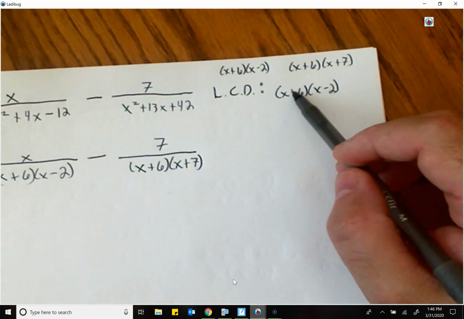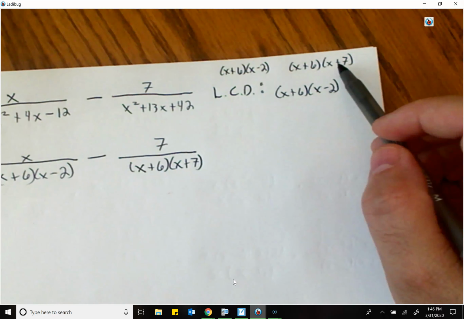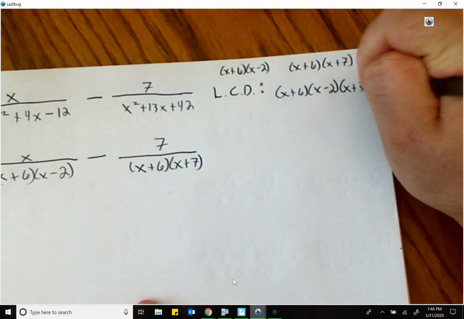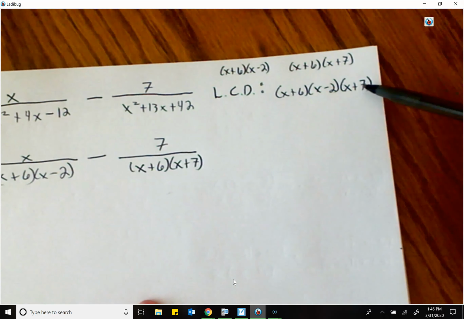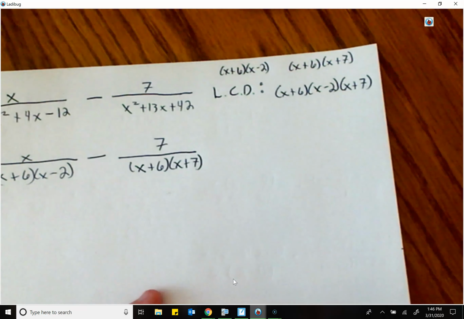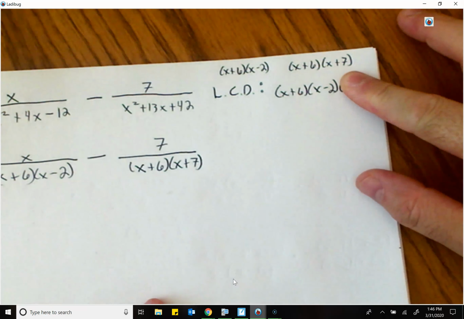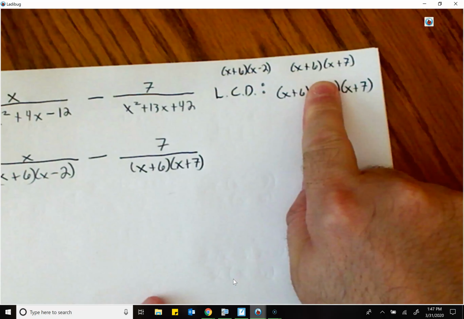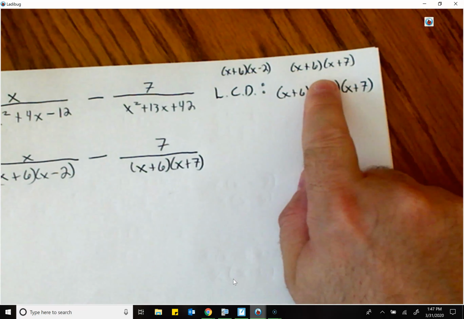See, it's right there. But what's missing is the x plus 7. So I need to write down an x plus 7 because that will cover this. See, it's made up of both denominators. There's the first denominator. There's the second. See, both denominators are there.